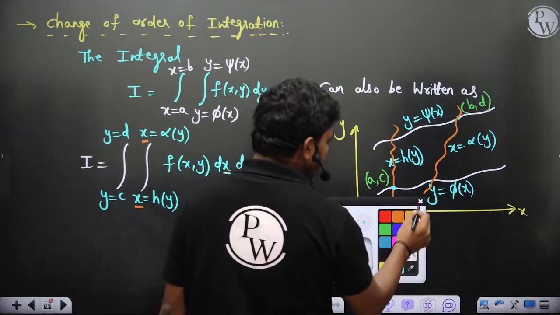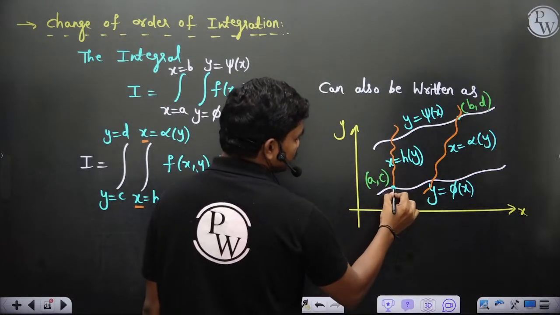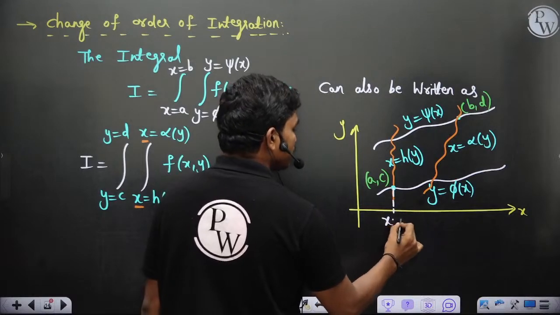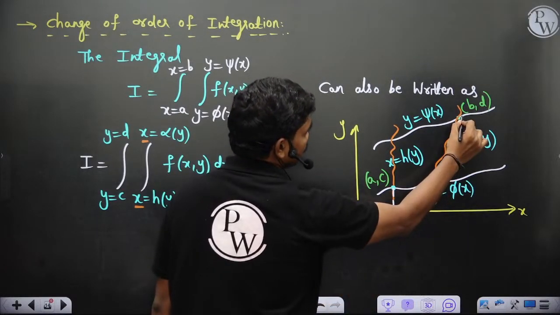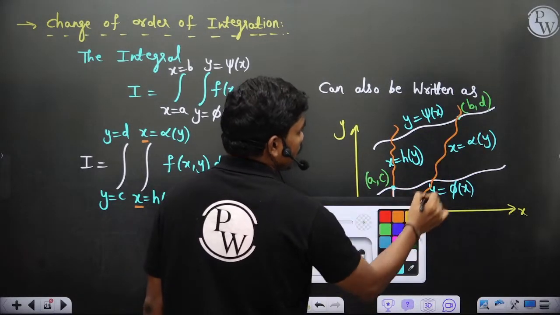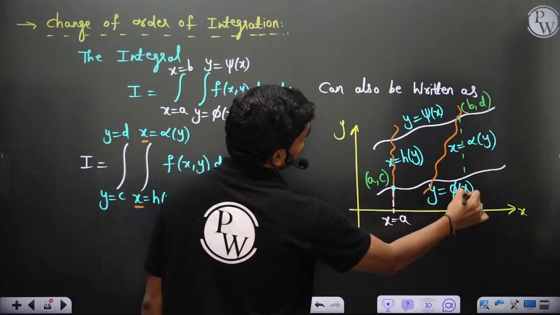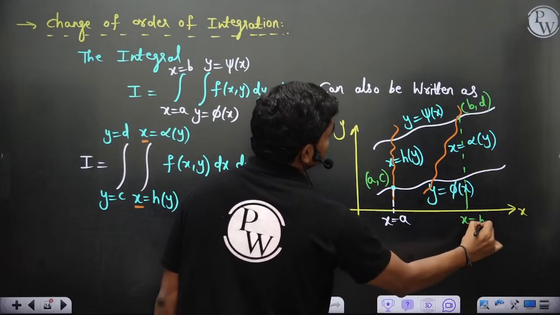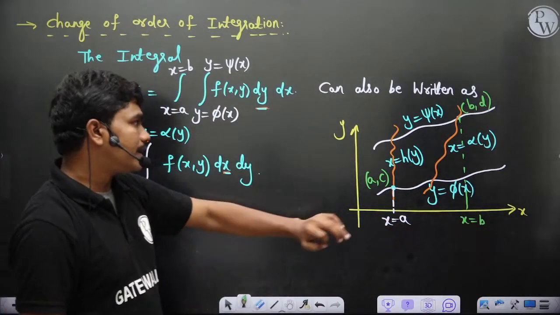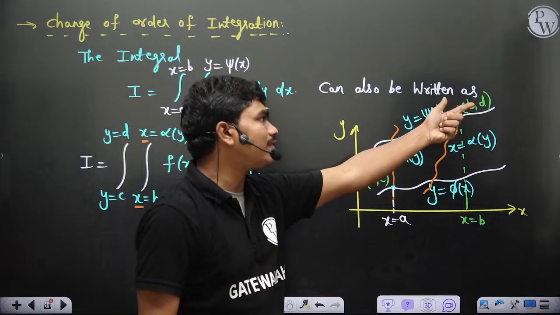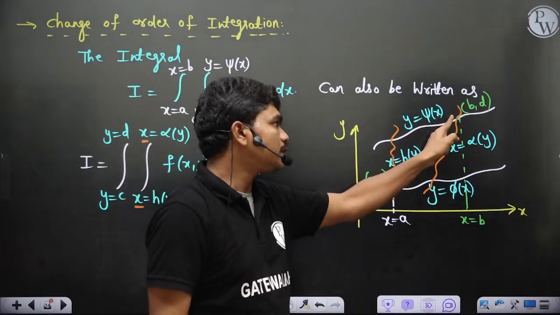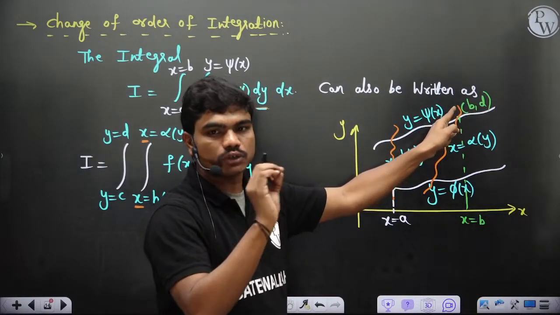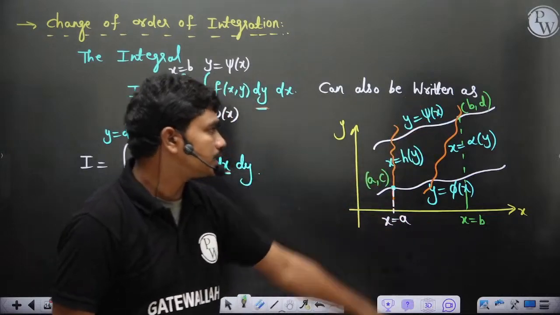So in this complete region, x should go from a minimum of x is equal to a to a maximum of x is equal to d actually here, okay? And the maximum of x is equal to b is somewhere here. So that's why I have taken care that this point is the max, since I have named it as b comma d, x coordinate is b, so this point should be the maximum x coordinate point in the complete region, so x equal to b here.